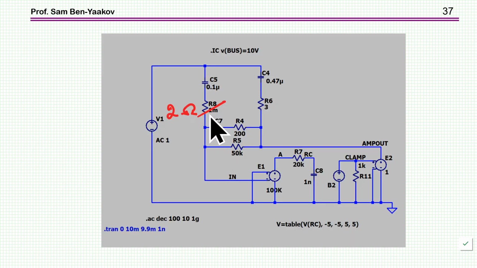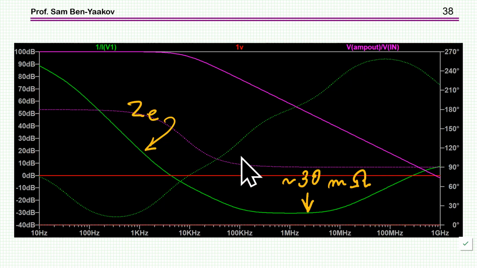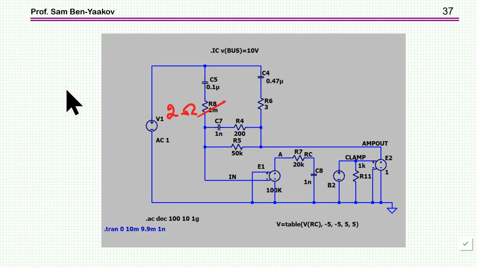I now put here a 2 ohm resistor so as to dampen the circuit a little bit, to compensate a little bit better. And indeed, when I run it now, it looks much better. This is now the amplifier itself. And now the reflected impedance indeed starts very high. Why is that? Because at low frequency, this is very high impedance, so the ratio of this impedance to this one is very low, so the impedance that I see is very high.